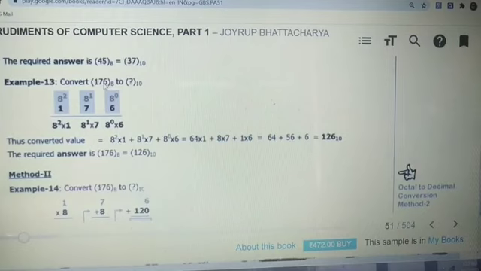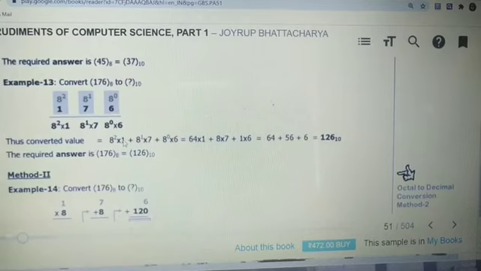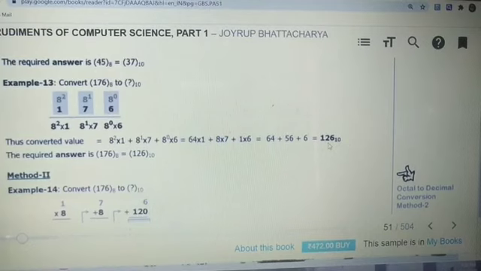So 6 will be multiplied by 8 to the power 0, 7 is multiplied by 8 to the power 1, and 1 is multiplied by 8 to the power 2. 8 to the power 0 means 1, so 1 into 6 means 6, plus 7 into 8 to the power 1. 8 to the power 1 means 8, so 8 into 7 is 56. Plus 1 into 8 to the power 2. 8 to the power 2 means 64, and 64 into 1 means 64. If you add, we are getting the value 126.